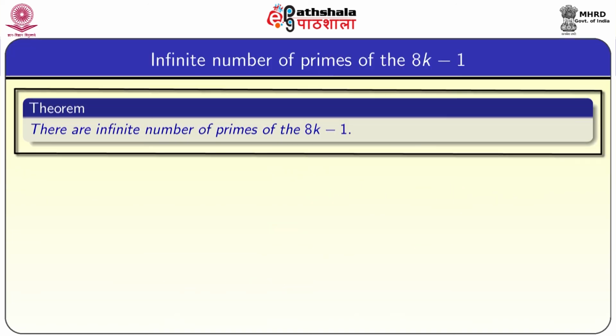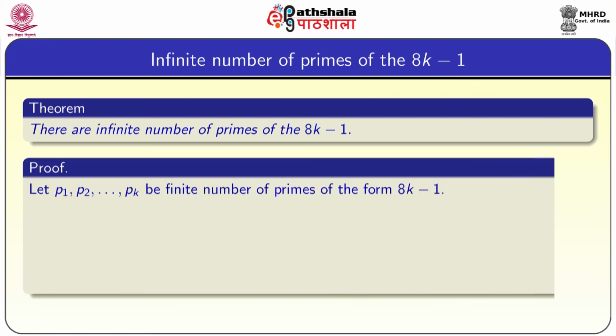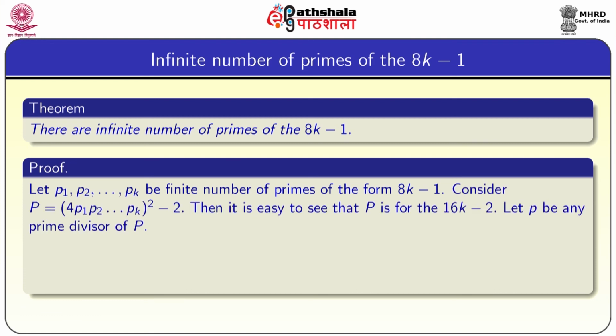Now, we are going to show another important property, that there are infinitely many primes of the form 8k minus 1. The statement is: there are infinitely many primes of the form 8k minus 1. The proof goes like this: let p1, p2 and so on up to pk be the primes of the form 8k minus 1. Consider the value P equal to 4 times (p1 into p2 and so on pk) whole square minus 2.